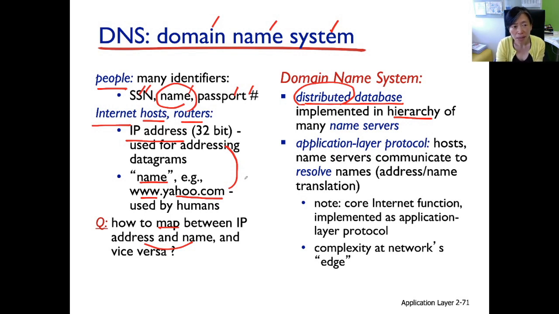So it seems that the application layer protocol, HTTP, needs to work with DNS, which is also an application layer protocol, in order to operate correctly. So DNS, in fact, works with multiple of these application layer protocols, not just HTTP, all right? So name servers there would help all these application layer protocols resolve names to IP addresses.